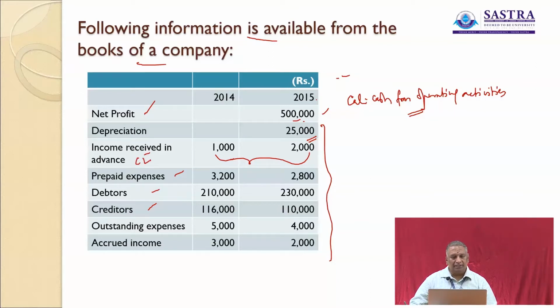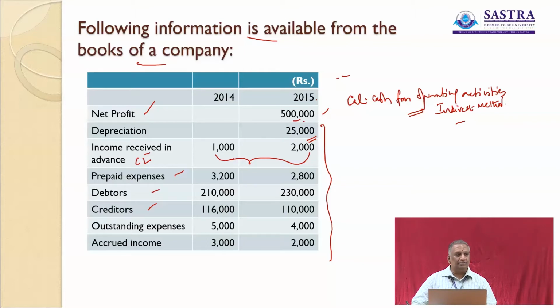So what you must try to understand in this kind of question, you can't do direct method. You have to do only indirect method. Why you can't do direct method? Because sales information and cost of goods sold or cost of sales, cost of materials consumed kind of information are not given in the question.